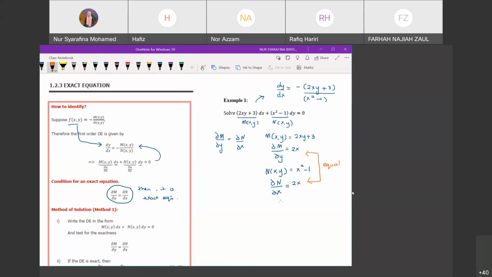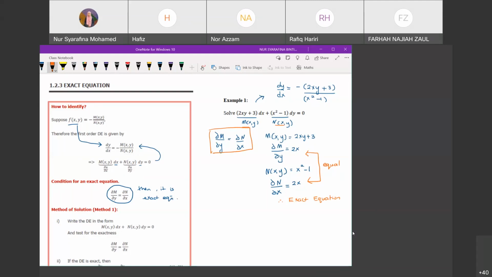Then it is an exact equation. Okay, clear. This is how you can prove that the differential equation is exact, where you identify your M and N first, and then differentiate M with respect to y and differentiate N with respect to x. If both of them are equal, then we can say that it is exact.